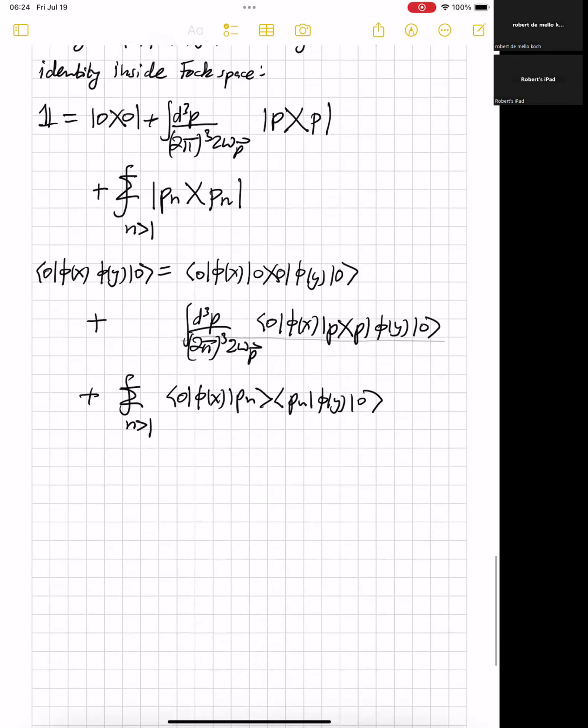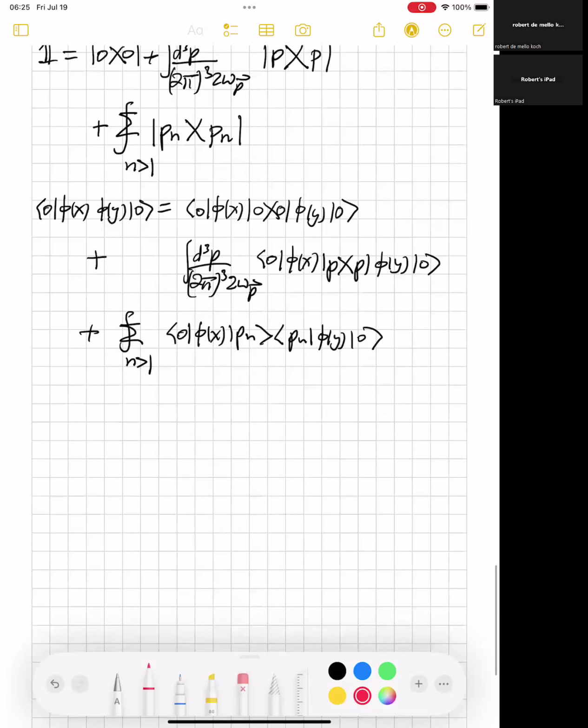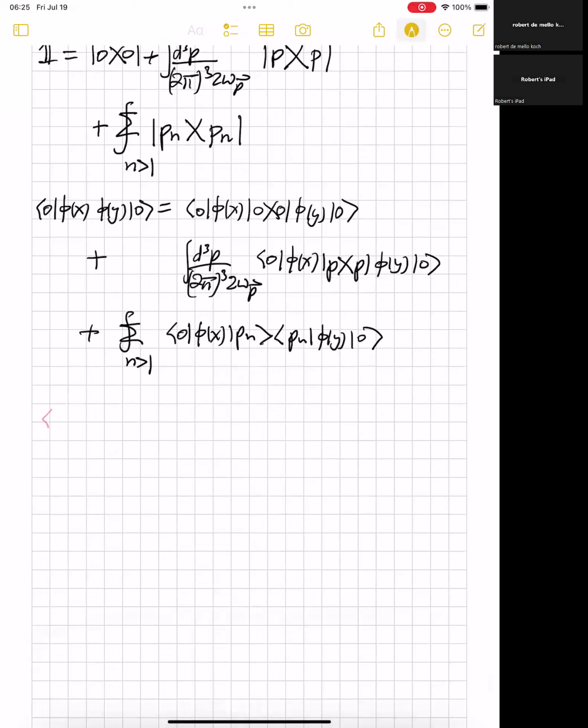Good. Now let's treat each of these three terms in order. So let's just have a little aside here. First of all, we're looking at this expectation value where we've got naught, phi of x, naught. If you were dealing with the free theory, you would tell me, well, phi of x acting on naught is a one particle state, and you tell me a one particle state is orthogonal to the vacuum, so you would have predicted that that vanishes.